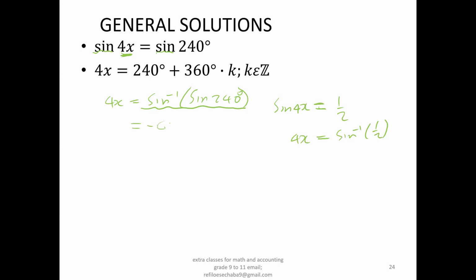Yes. And then I want you to try this out. What if you have sin of 2x is equal to sin of 60? What is x? Inverse of sin, open bracket, sin 60. I'd get a positive 60.